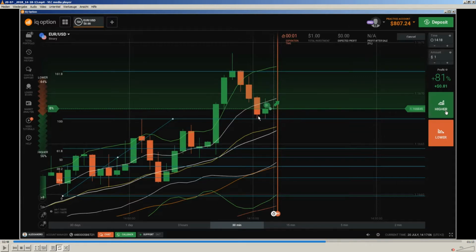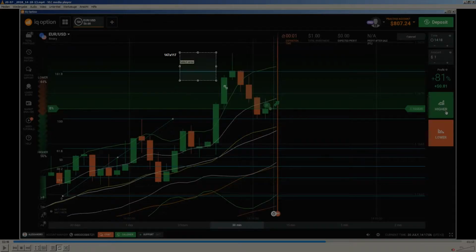This also looks a little bit like a harami. As you see, the body is inside this candle, like a bullish harami, and that is also a reason why I did a call here. After the reversal retracement, I could also have done a put as a continuation of this downtrend, but here we have a lot of things together.